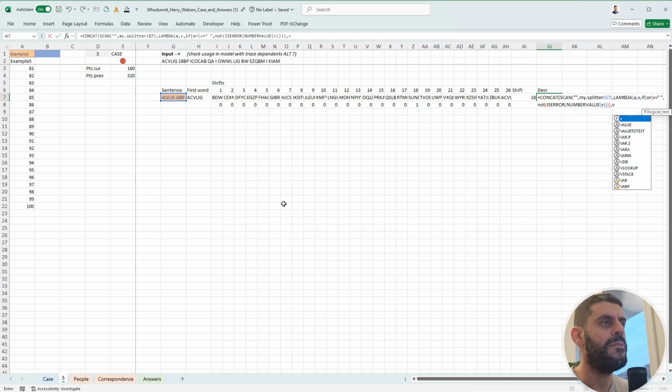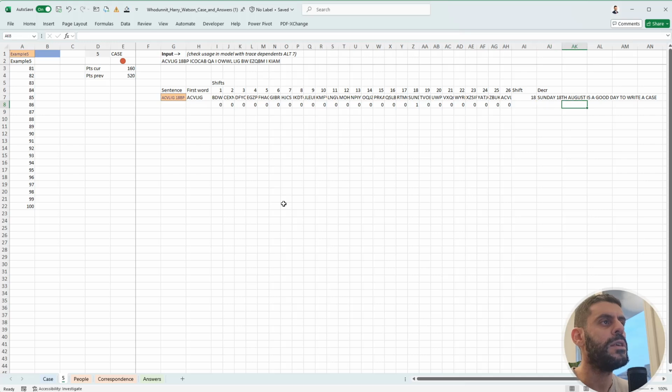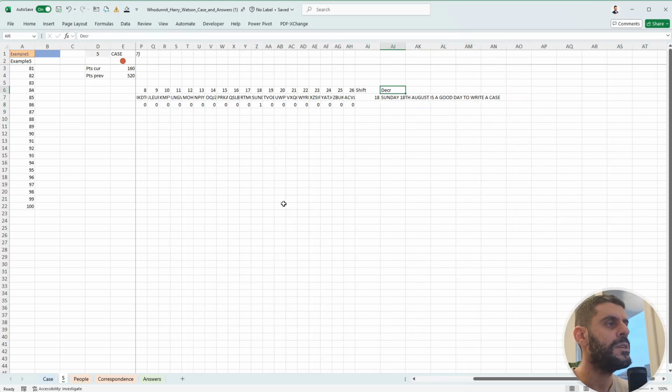In this case it will be v, otherwise it will be go around letter v by this shift, and hopefully yes, apparently it's correct.